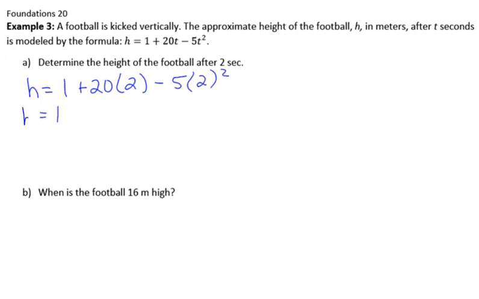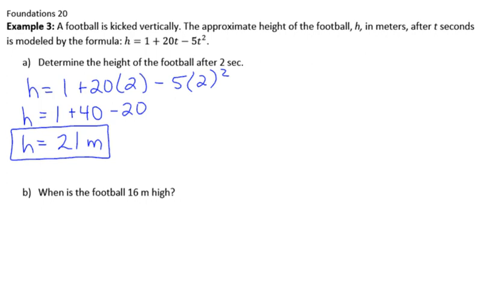So 1 plus 40. 2 squared is 4, times 5 is subtract 20. 41 subtract 20 is 21 meters. So that had nothing to do with factoring yet. That's just solving our question algebraically using our equation instead of identifying those points on our graphing calculator. Part B, when is the football 16 meters high?